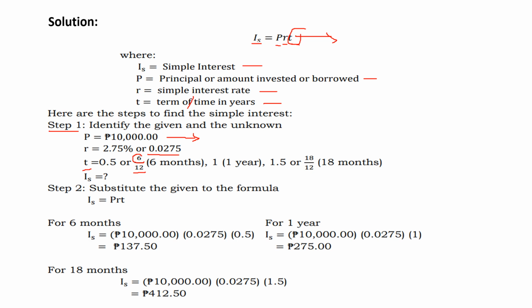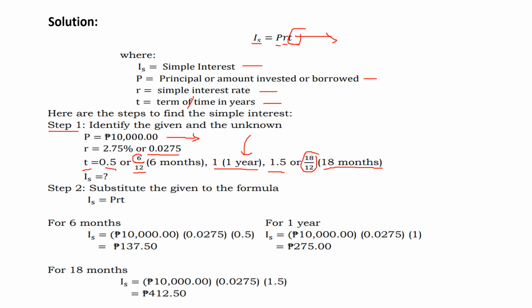For 1 year, we don't need to convert because it's already in terms of year. Then 1.5 is equal to 18 over 12. For the next unknown value, it is 18 months, so we divide it by 12 to convert to years. That will be equal to 1.5.